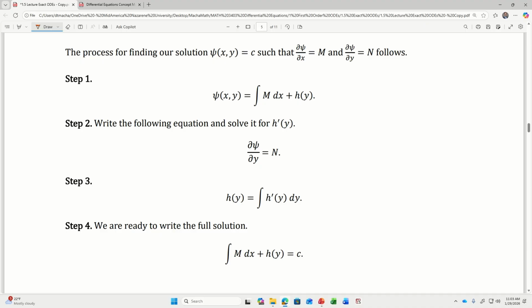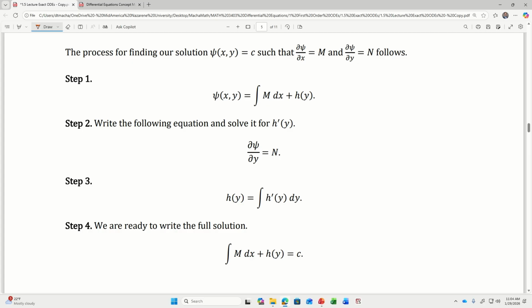Then we write down the following equation. I set the partial of psi with respect to y equals n, which means I've already got this guesstimate of what psi is. And when I take the partial of this with respect to y, and I set it equal to n, I'm going to get an equation, and it's going to allow me to solve for h prime.